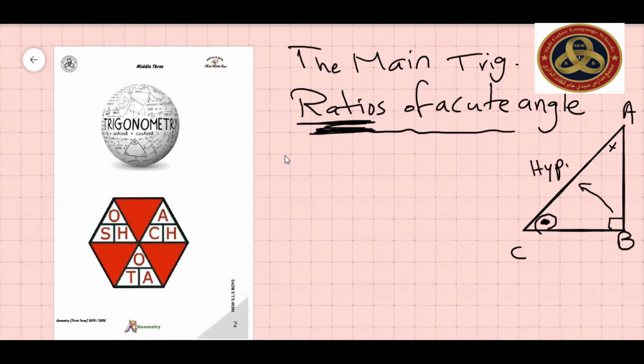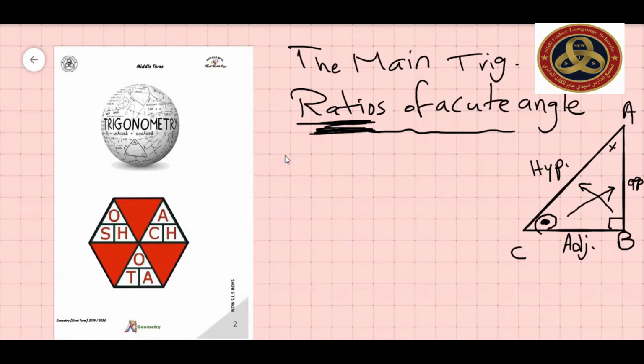We have studied before in middle 2 and middle 1. The side which is opposite to the right angle is called the hypotenuse. And now, when we talk about angle C, the side AB is called opposite to angle C. And the third side, which is BC, is called the adjacent to angle C. This is the first point.